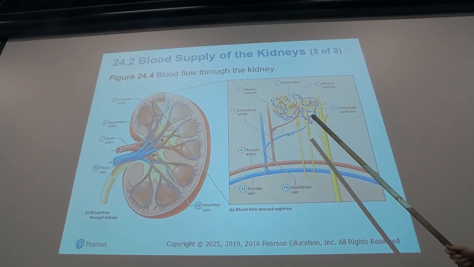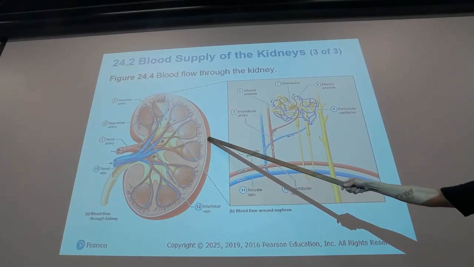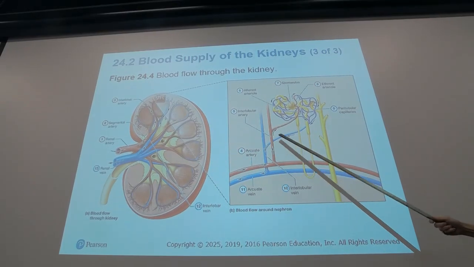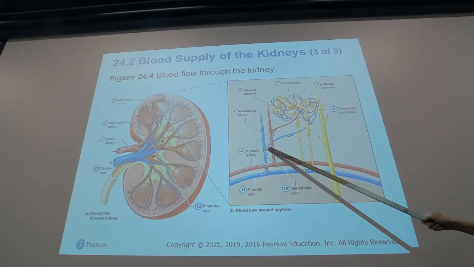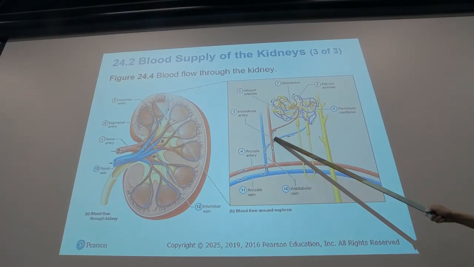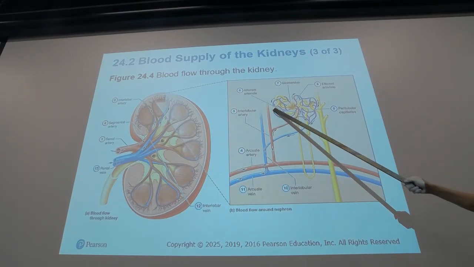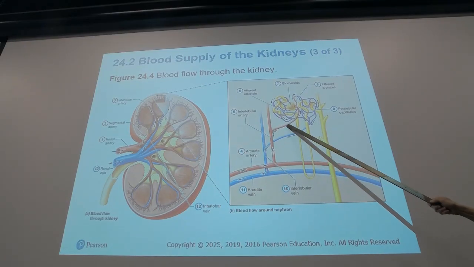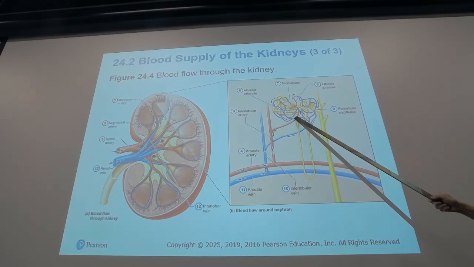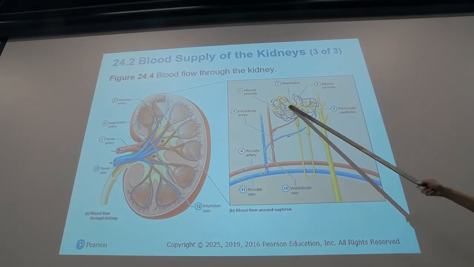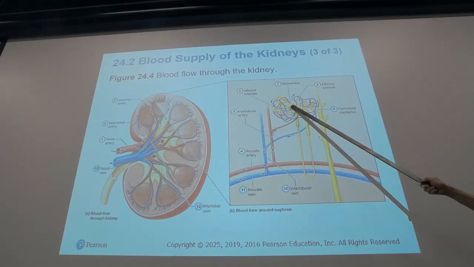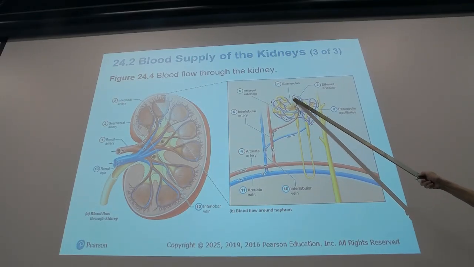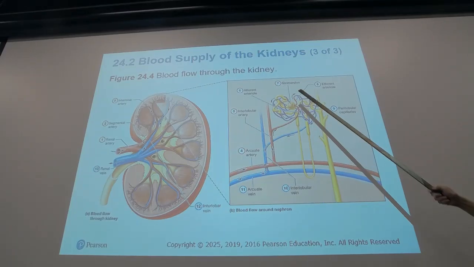And then if you magnify this cortical area, you will see how from this interlobular or cortical radiate, you form the arriving or afferent. And then this arriving or afferent fits into the glomerulus, and then the blood passes here and is filtered in the glomerulus, and then goes into the efferent or exiting.